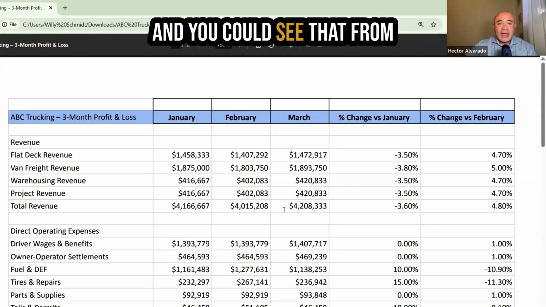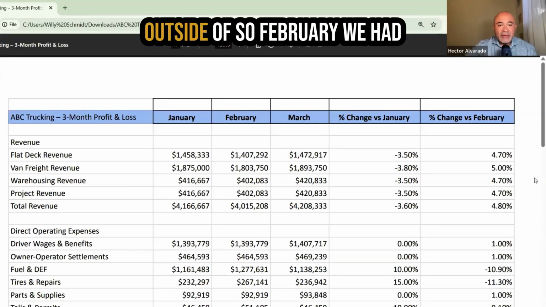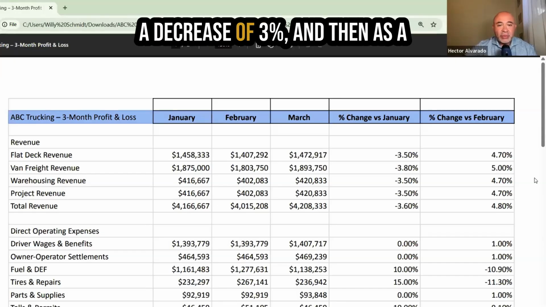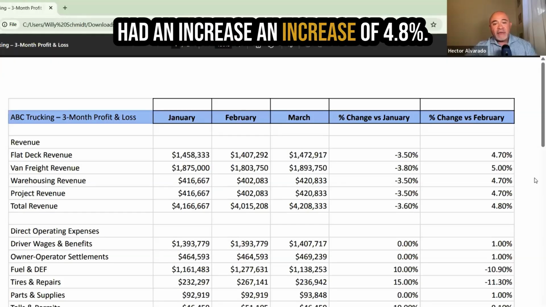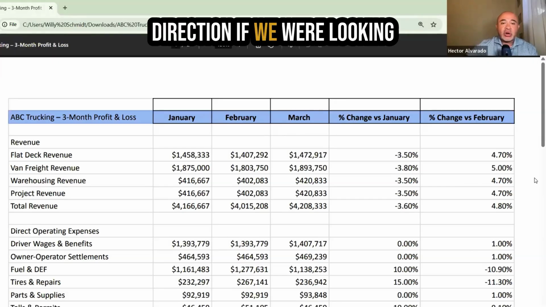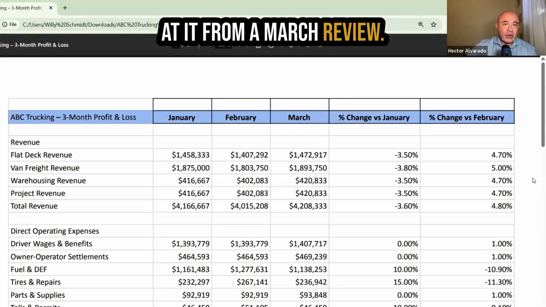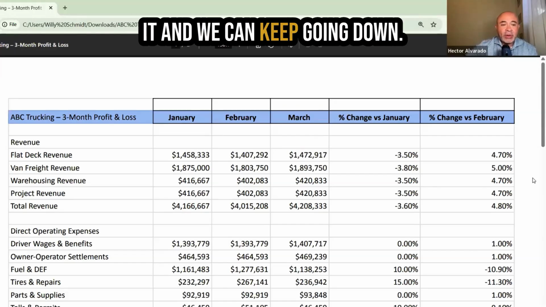And you could see that from February to March, we've had a decrease in revenue outside of, so February we had a decrease of 3%, and then as a change of February to March we had an increase of 4.8%. So it's trending in the right direction if we were looking at it from a March review. Good on the revenue line. Want to make sure everybody sees that, and we can keep going down.